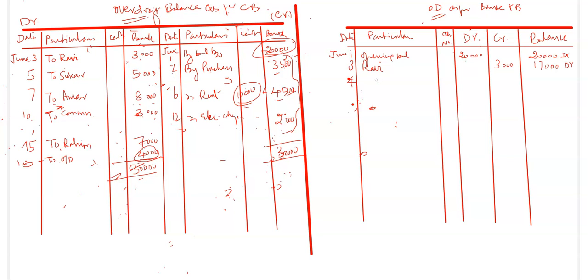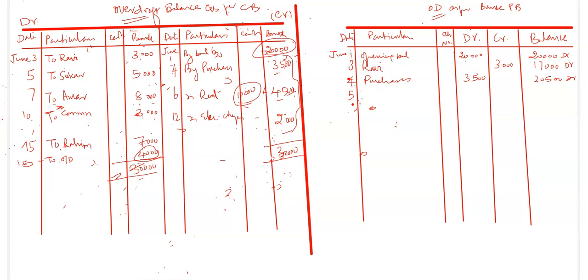On 4th you made purchases, right? So purchases, for which you paid rupees 3,500. So this will increase your OD. Now this will become 20,500, will be your debit balance. Okay, that's right. So all debit balances will increase OD.